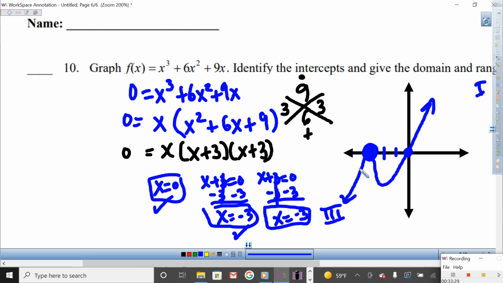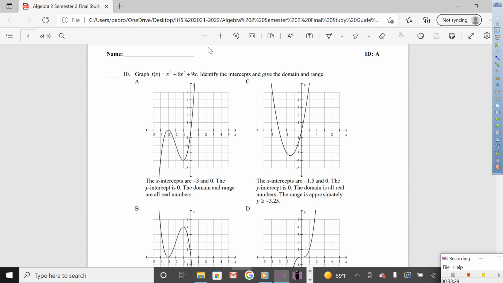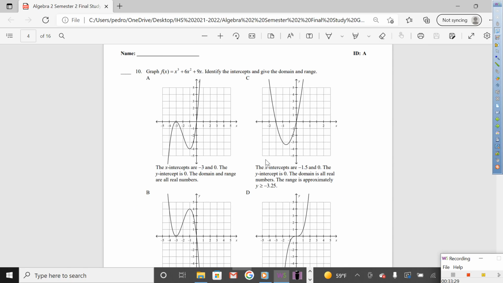through. Look at it. Does this look like a cubic function? Look at the graphs that we just did. Does it look like a cubic function? Yes, because the highest degree is a 3. So with that said, look at the options that they give us. Which is our graph, guys?